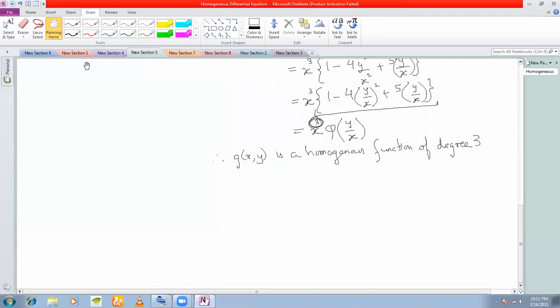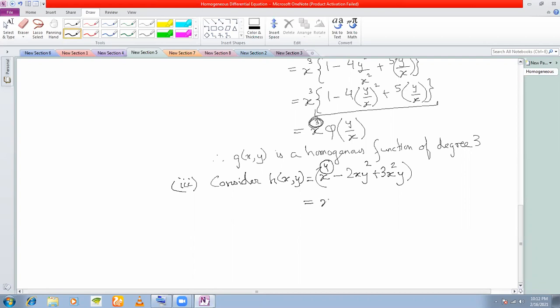Okay. So another example I want to give you is, let us suppose I consider this function. Consider h(x,y) is equal to x to the power of 4 minus 2xy square plus 3x square y, this function. I want to check whether this function is homogeneous. So what I do is, you see what is the highest power of x here?